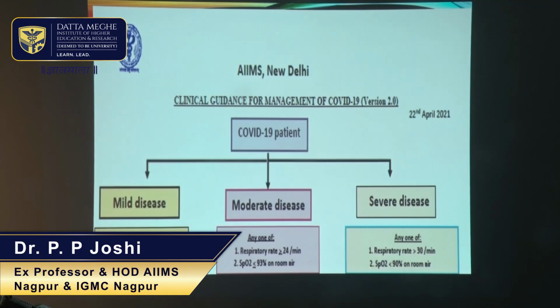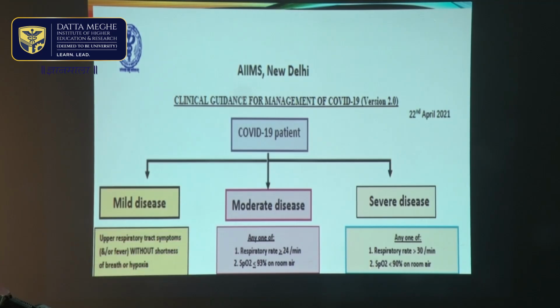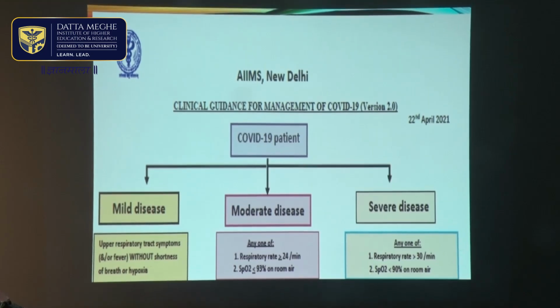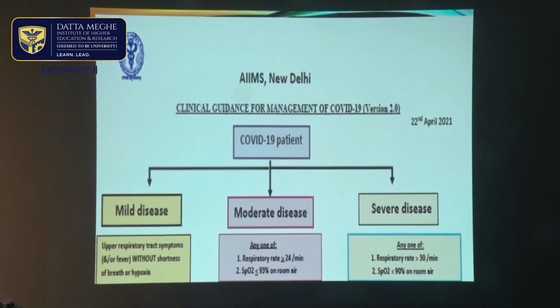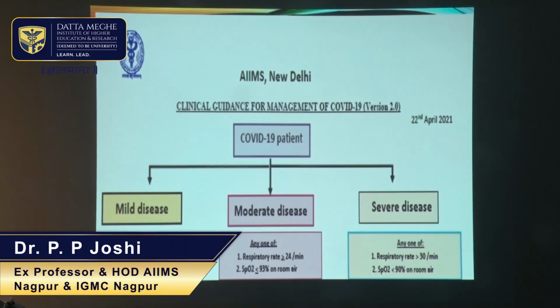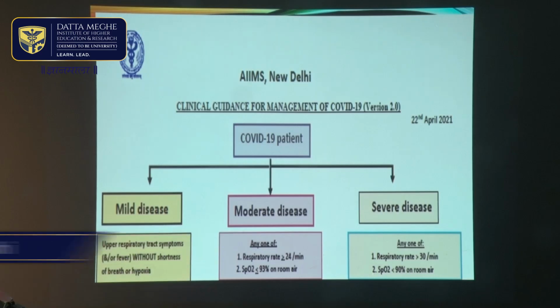If you look at this slide, this is a slide which was very commonly used during the COVID period in viral pneumonias, and we classified patients into mild, moderate and severe disease. In mild disease, we had patients who have upper respiratory symptoms of cough, sore throat, without any shortness of breath and without any hypoxia. That means hypoxia is tested by doing SpO2.